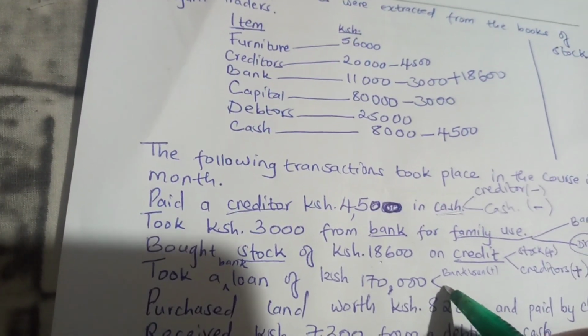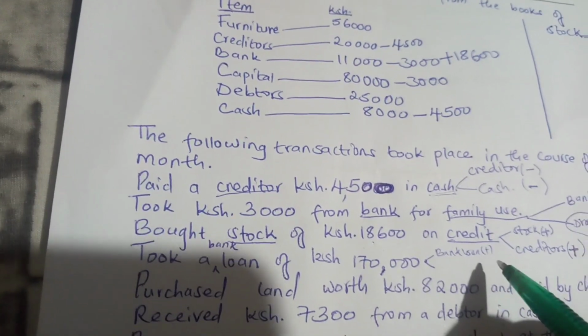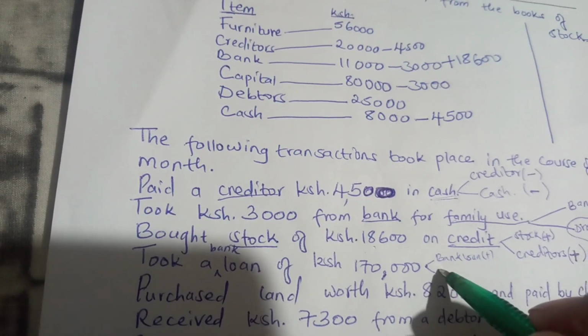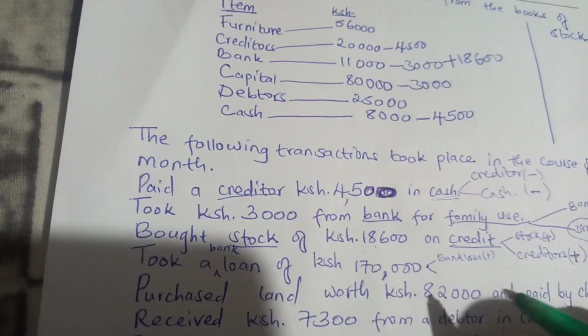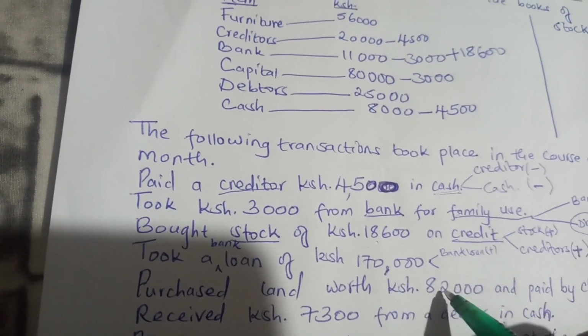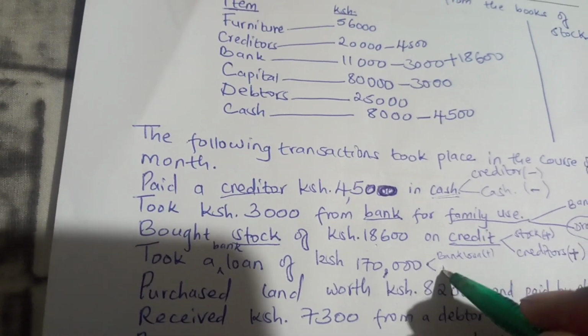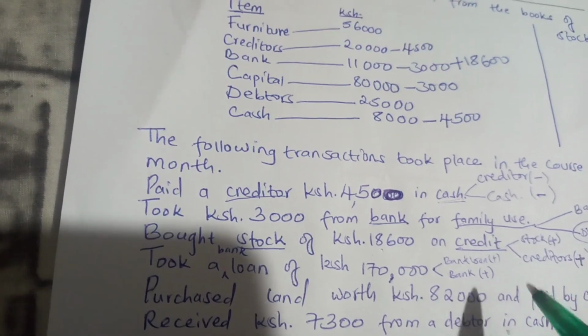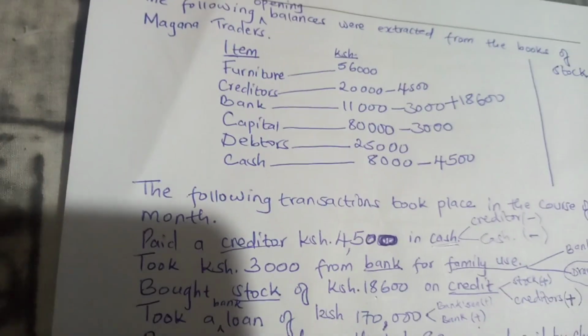And because it's a bank loan, we assume, actually not assuming, it is the truth, that the bank will deposit this money in the business bank account. Also, the bank account is on the increase.